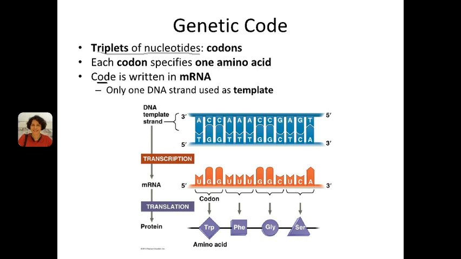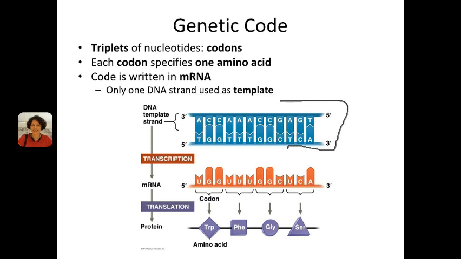Notice that the genetic code is written in mRNA triplets. In other words, you're going to see U's in the code and not T's. Only one of the two DNA strands is going to be used as template to generate the code. So we're looking at the illustration here at the two DNA strands, and one of those two strands is going to become the template.